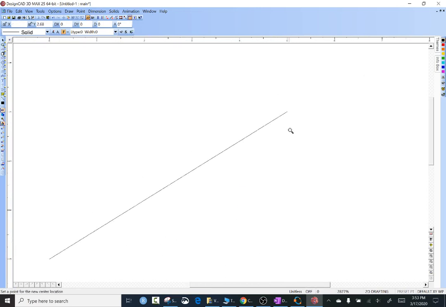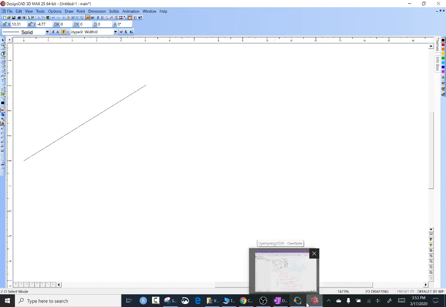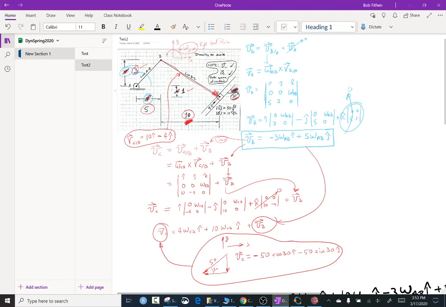Next, I'm going to zoom back out a little bit. Next, I'm going to do a position, just drawing a line from B to location 10 and -1.